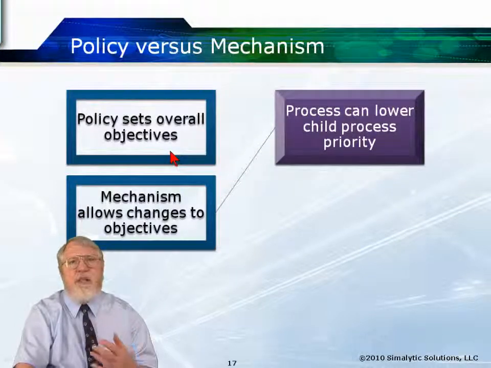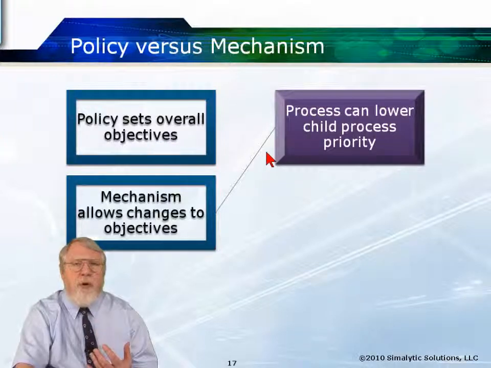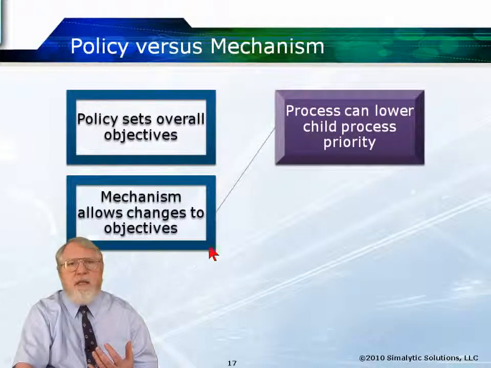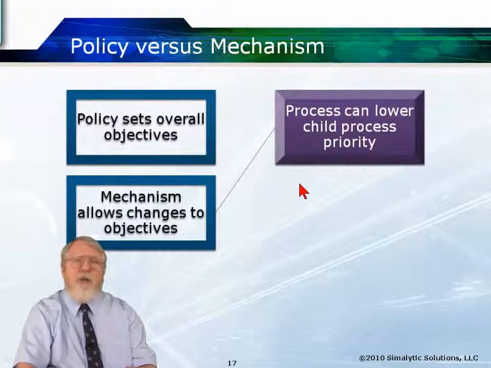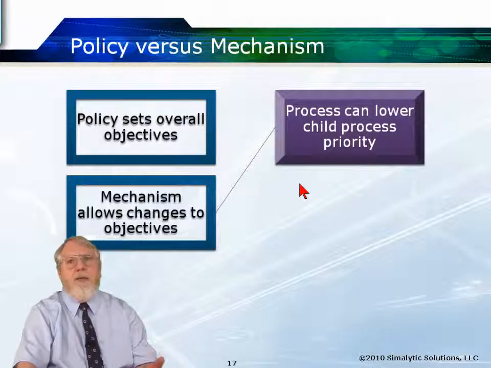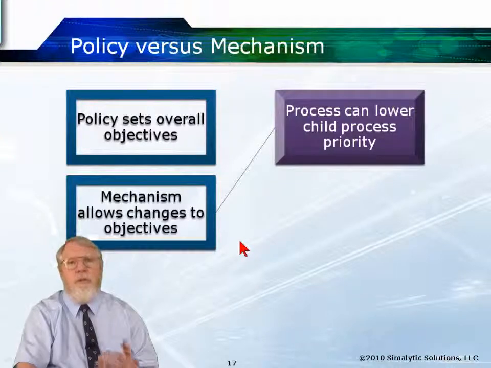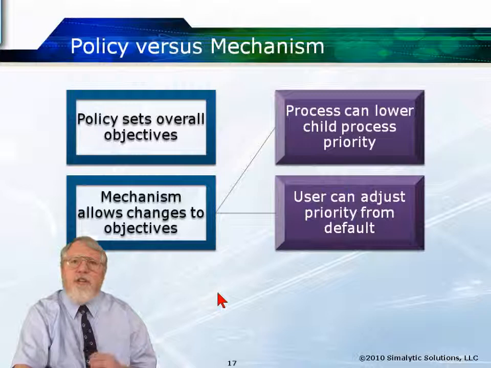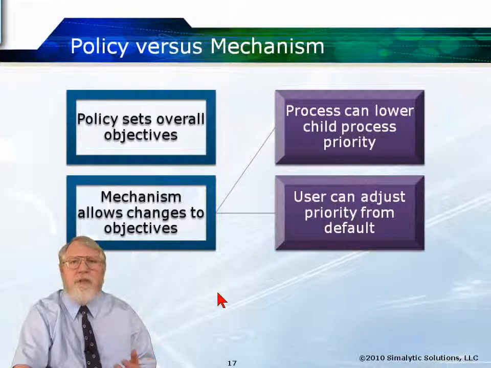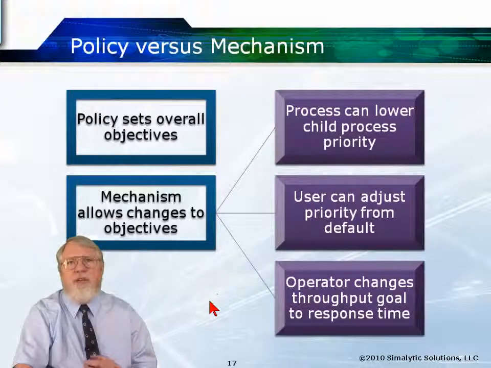The policy says that you get a certain priority, and the mechanism allows you to lower a priority of a child process you created, but not increase it above the original parent priority. A user can adjust priority from a default, or operators can change it through some global response.